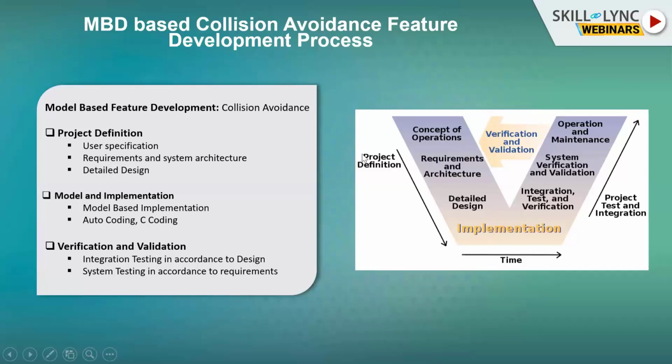How does the collision avoidance feature work in the vehicle system? What is the lifespan of the feature? This is the V cycle, the life cycle of model-based development. It starts with the project definition, with user requirements: what is the requirement of that feature, what is our objective.